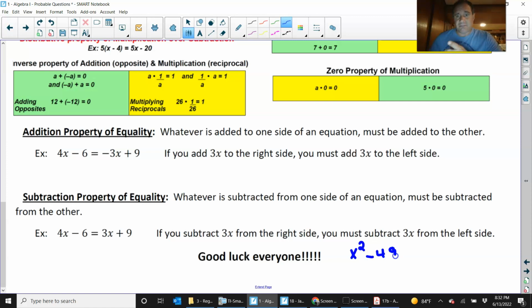We did it already. If you have x squared minus 49, just make sure that you realize that that is x plus 7, x minus 7. All right, little tips and tricks. That middle term with the x is canceled out, so that's the reason why it's the x plus 7 and x minus 7. Remember, it's the difference of squares and a perfect square.